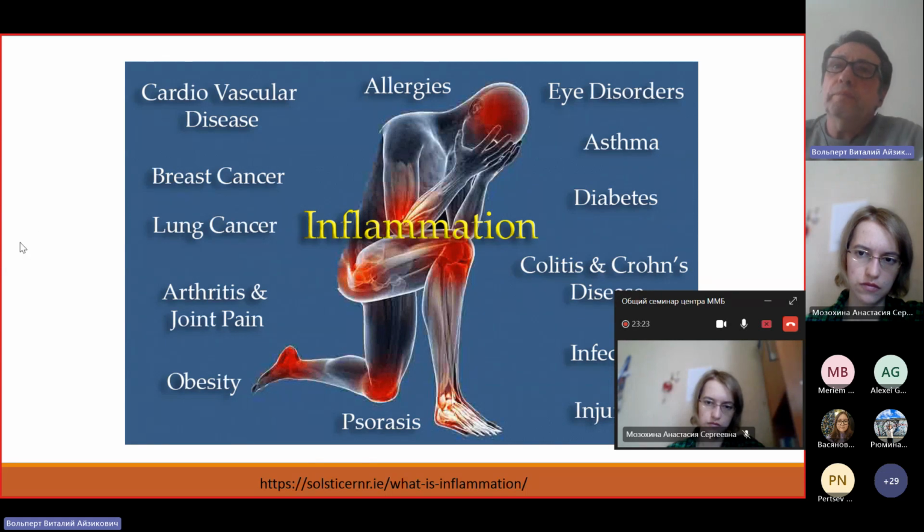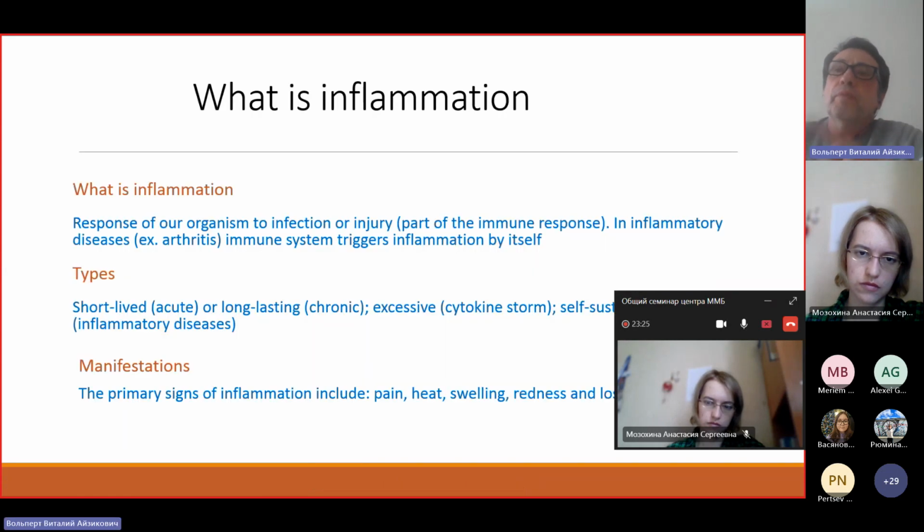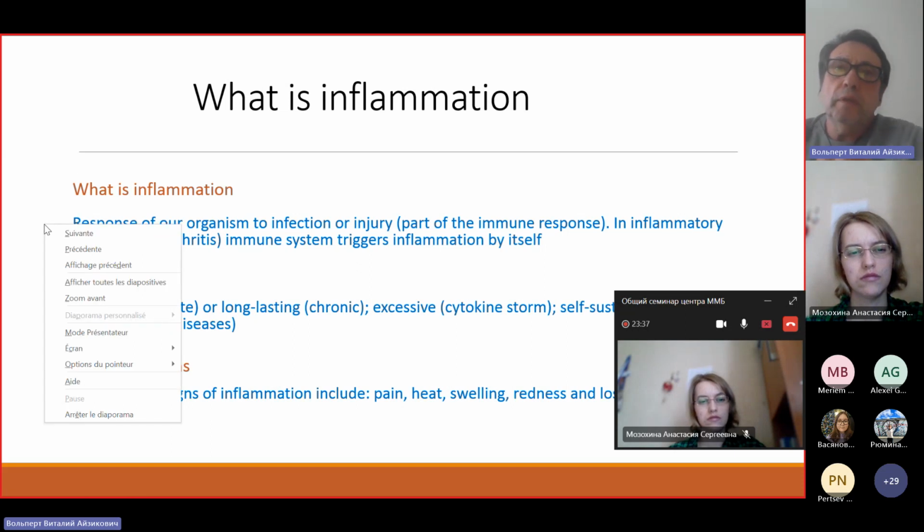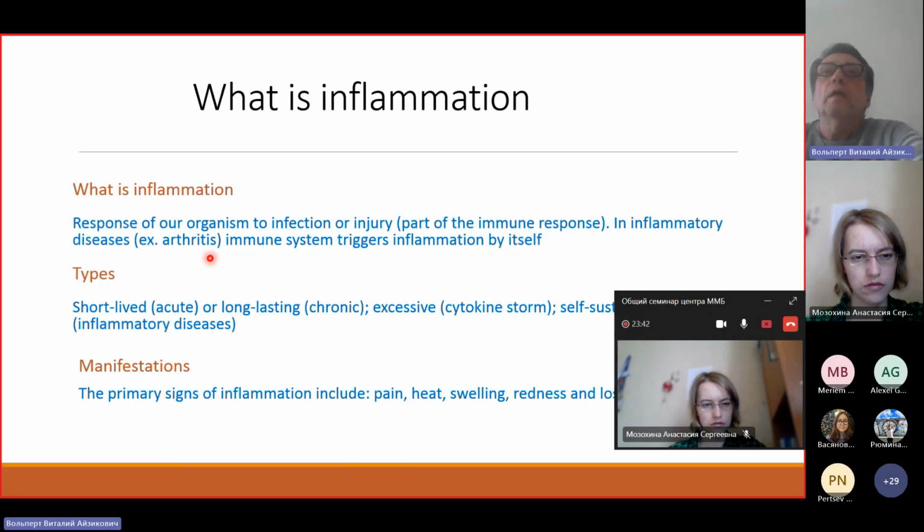So, first of all, what is inflammation? Just a very short, quite common description. Inflammation is a response of our organism to infection or injury, and it represents a part of the immune response.